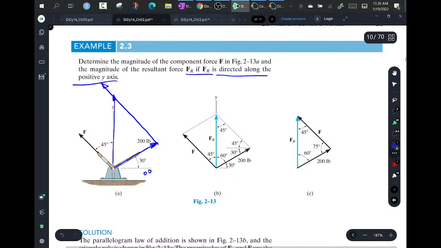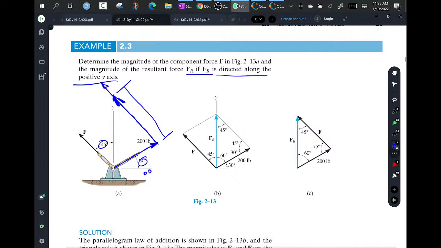It can't go further, because if it goes further, the resultant force kicks off to the left. If it's shorter, it goes to right there. So it has to be exactly this length. If in fact this is to scale and that's 30 and 45, I would guess that this distance is about 200, so maybe this is around 300, a little under 300.